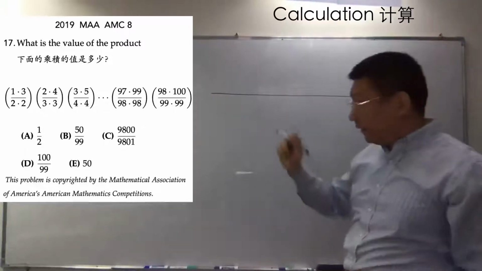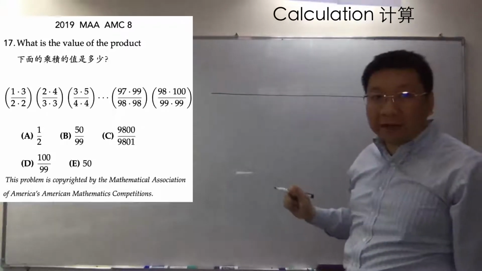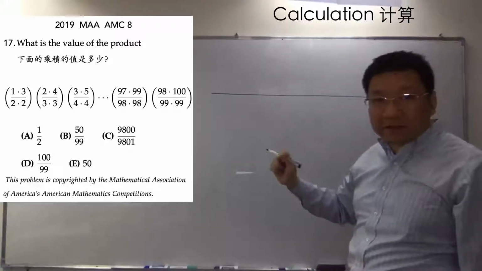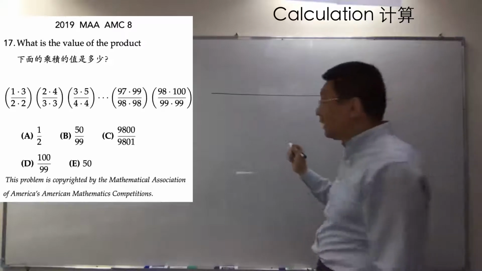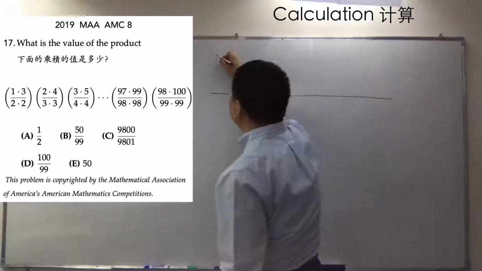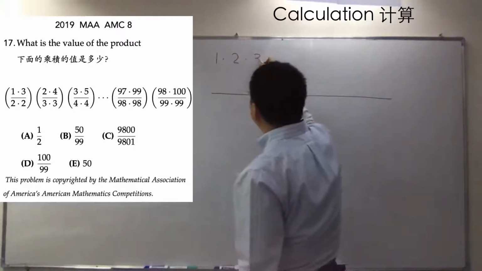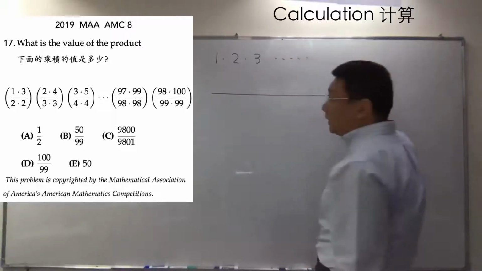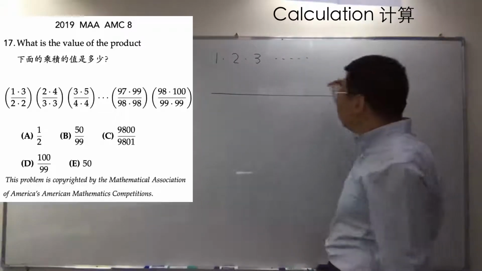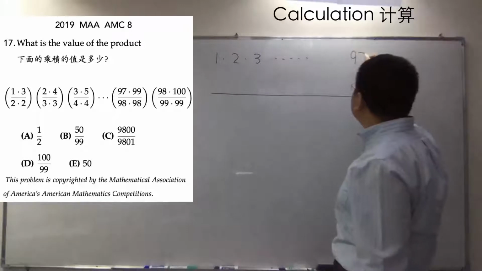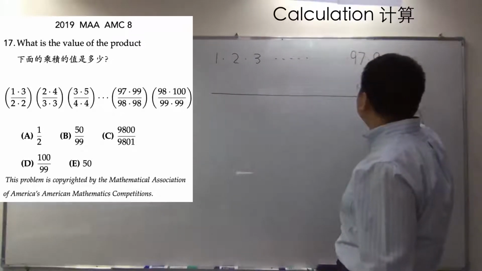So for the numerator, in the first line I will write down the first factors in each denominator because they form consecutive integers. So 1 times 2 times 3, dot, dot, dot. The last ones, we know, the second to the last one is 97 and then 98.